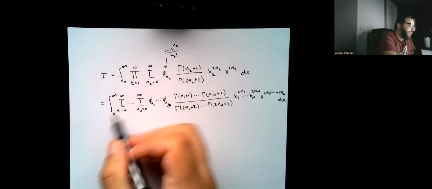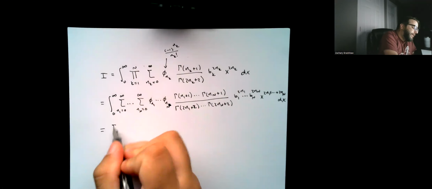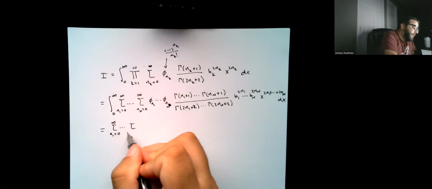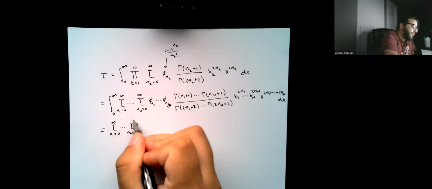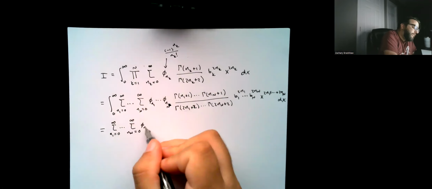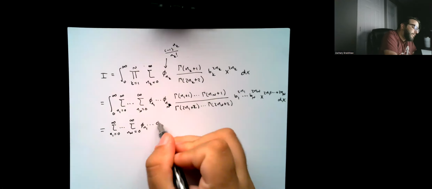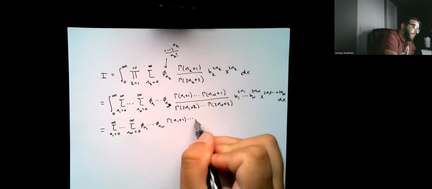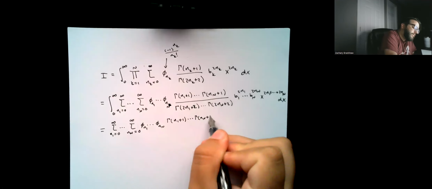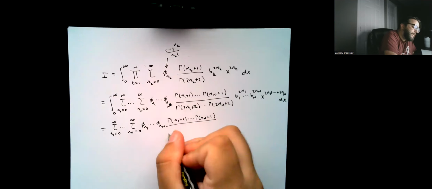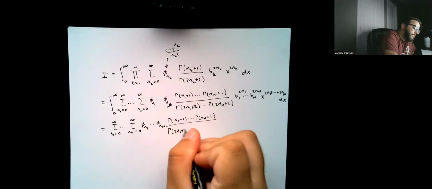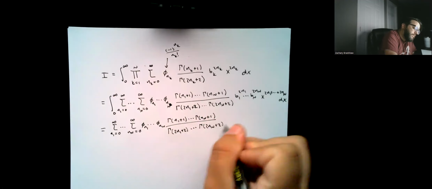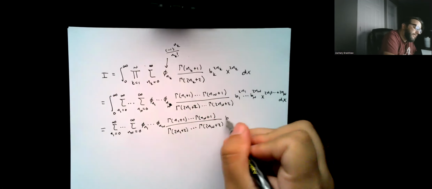Everything that doesn't depend on x, we just move outside. And so we get the sum from n1 equals 0 to infinity through n capital N equals 0 to infinity. All of our phi's, these don't depend on x. Our gammas don't depend on x. Same for the denominator. And same for our b's.